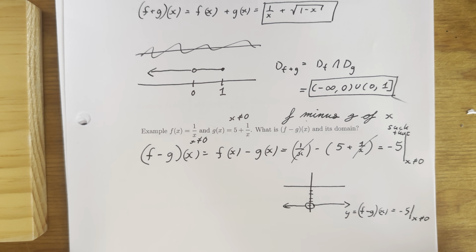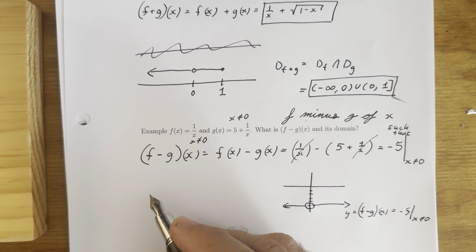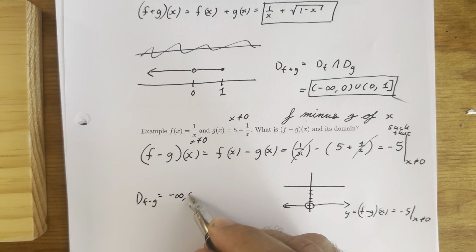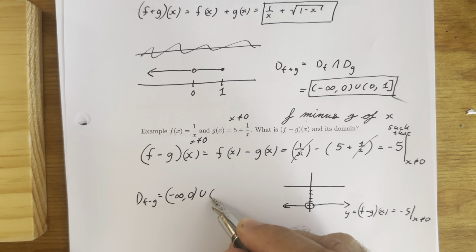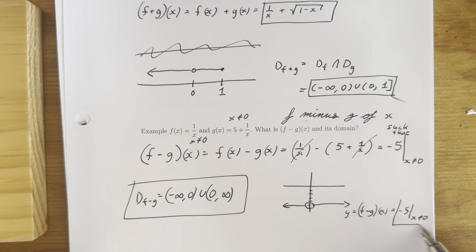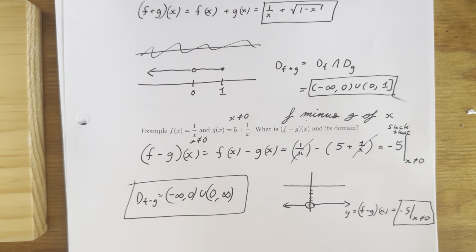Okay. And so our domain explicitly for f minus g is -infinity to 0, union 0 to infinity. And that is our answer for that.